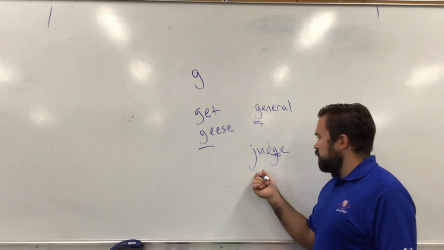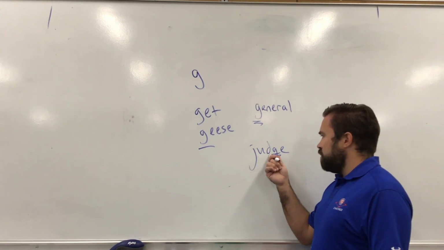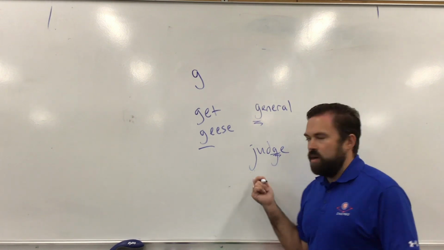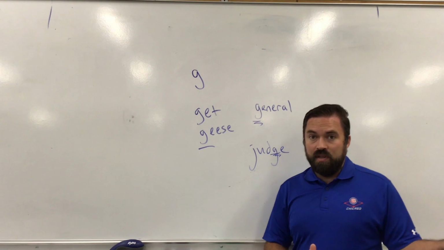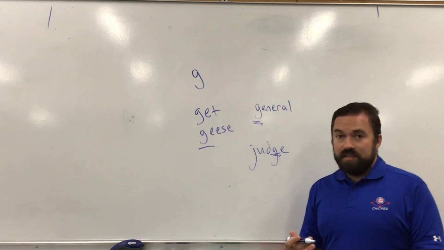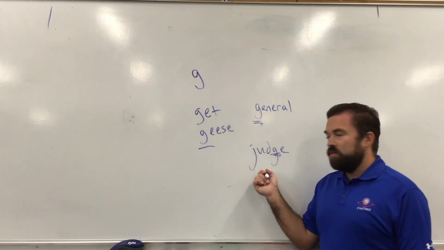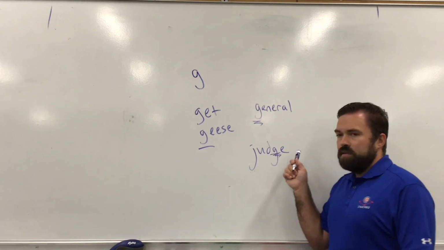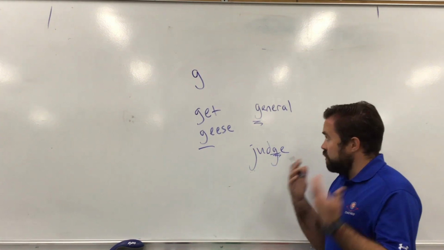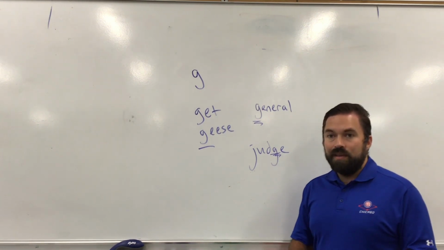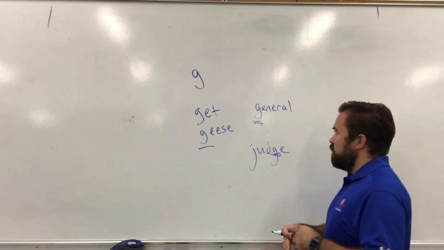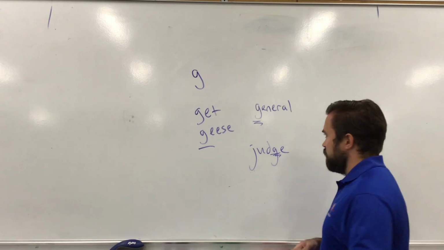If he reads this word, he's not going to know how to say that word off the bat, even though judge is a word he's probably said before. He's an English speaker. But when he sees this word in writing, he's going to struggle. As a student of Spanish, you can pronounce anything if you follow the pronunciation rules without having to know the word in the first place.